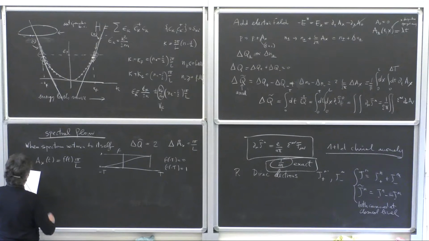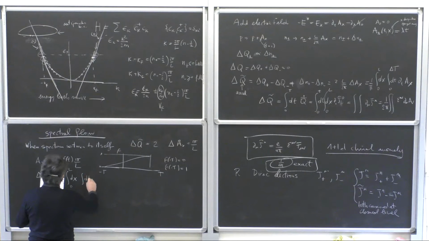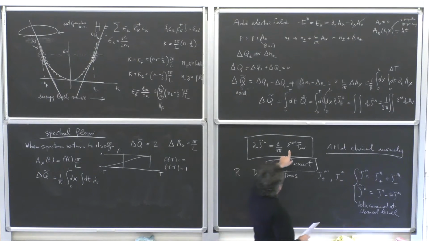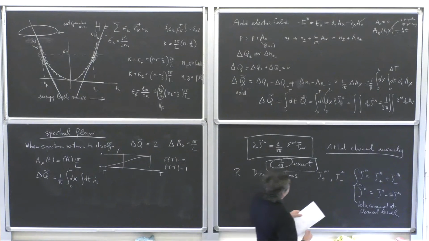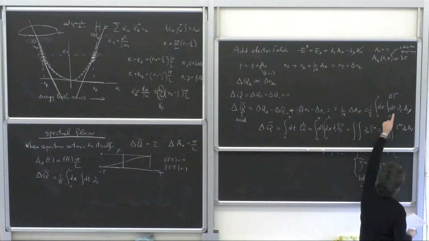So what does delta Q T do? It is 1 over pi dx dt. I use this covariant form. You see that here this is a total derivative.